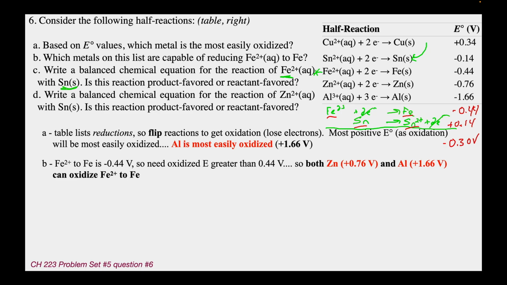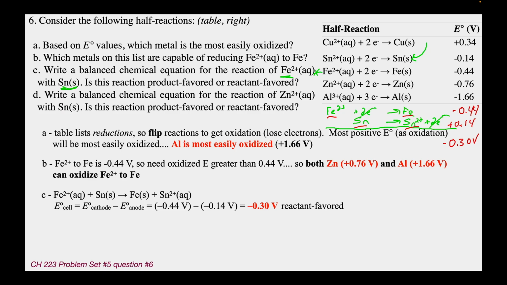And it's the magnitude of this overall E value which tells you if it's product favored or reactant favored. Negative overall E cell values are reactant favored. So this reaction is not going to occur very readily. It's going to be more reactant favored. Iron 2 plus and tin will probably not make a lot of iron and tin 2 plus.